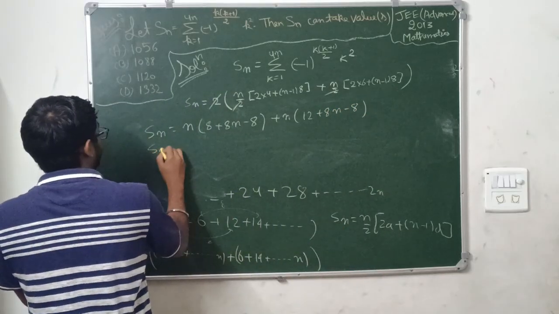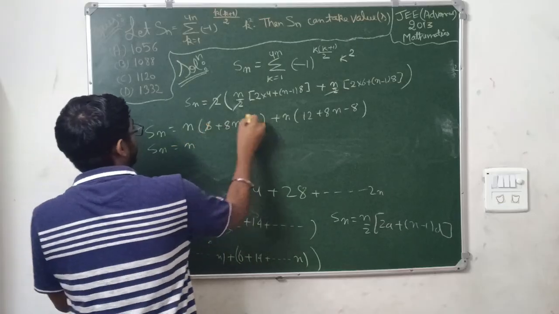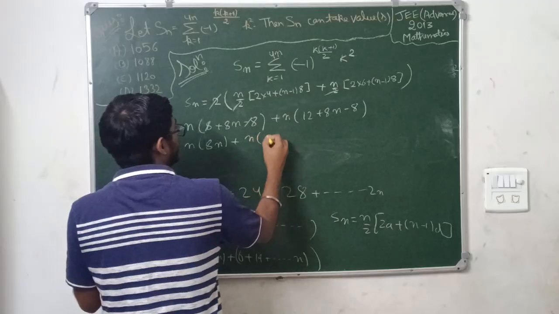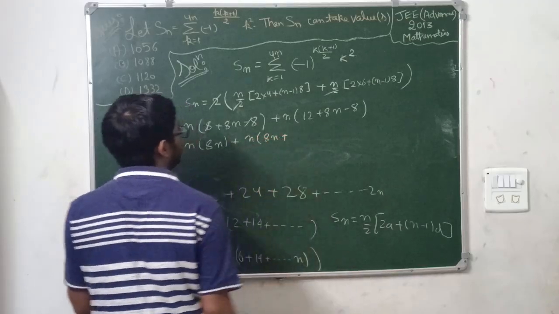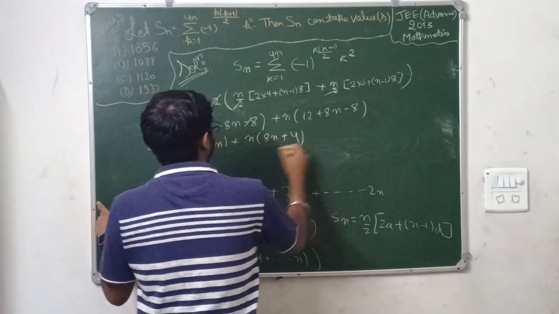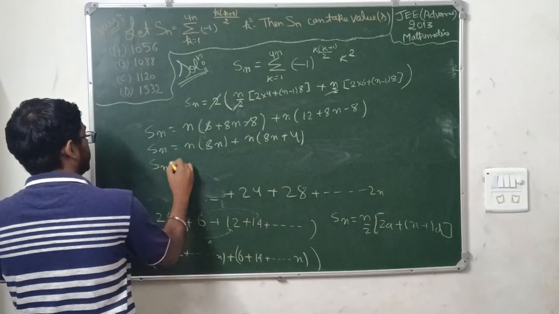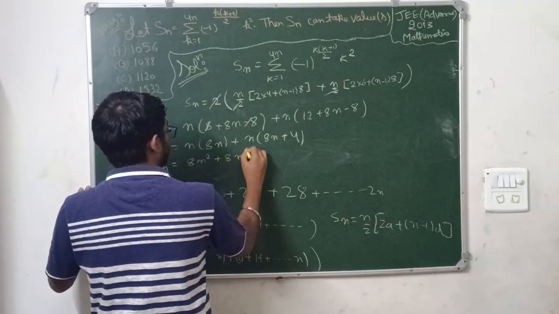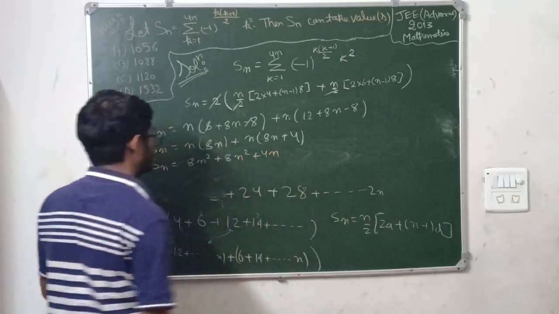And Sn will be what? n, 8 cancels, into 8n plus n into 8n plus 4. Then you will solve this. Sn will be what? 8n square plus 8n square plus 4n. Okay.